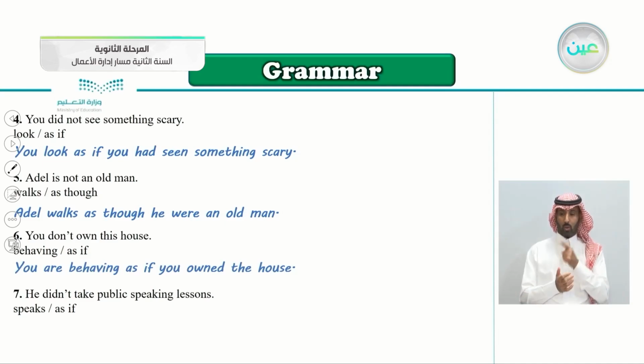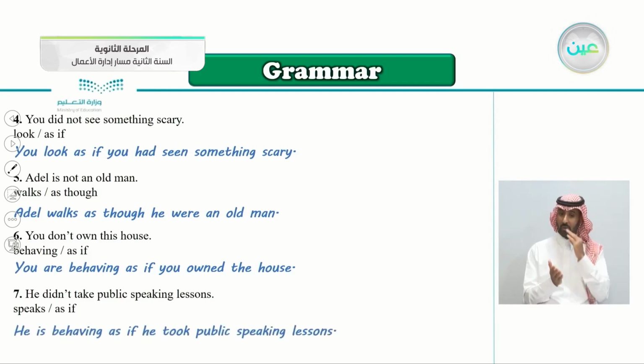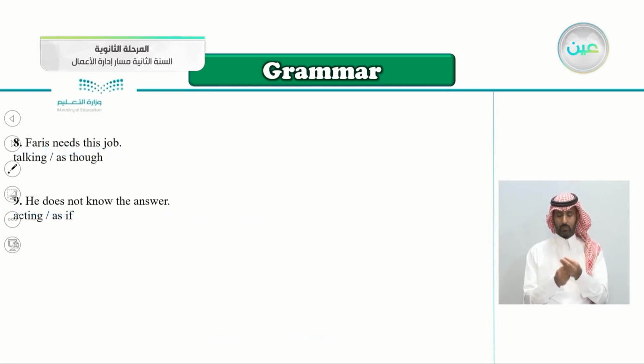You are behaving as if you owned the house, but you don't own it. You just behave like it. Number seven, he didn't take public speaking lessons. Speaks as if. Yes, very good. He is behaving as if he took public speaking lessons.